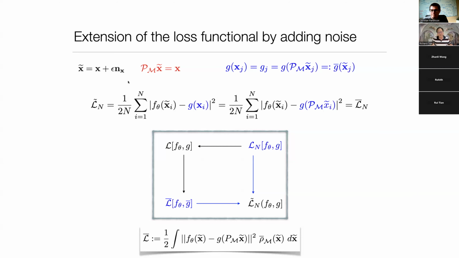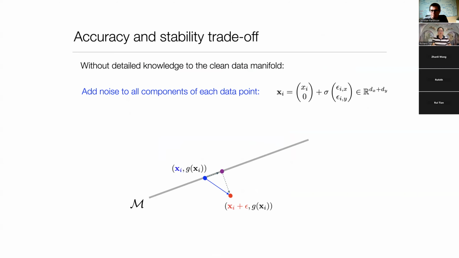Okay. All right. Of course, you can say that in practice it's hard, unless you're a super expert on manifold learning, etc. Maybe it's hard to estimate the data manifold's normal directions. So then you can take a step back and say, okay, I'm just going to add uniform noise to all the coordinates, but small. And then from this diagram, you see that you perturb your original data points.